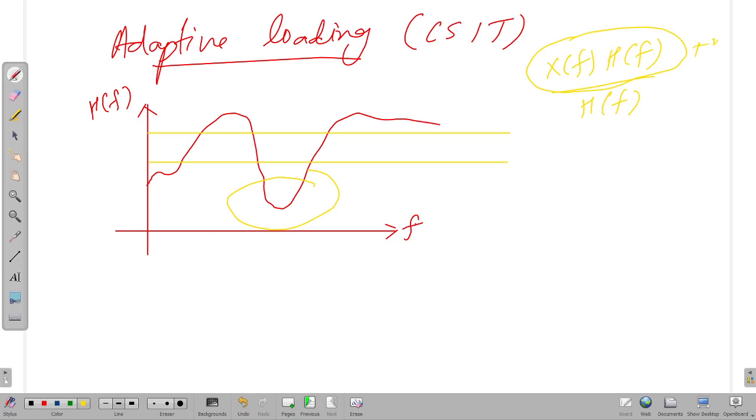And also you know that there is a noise term which is also getting divided by h of f, so it again results in amplification of noise. Okay, so our idea is to think of how we can reduce this noise value.